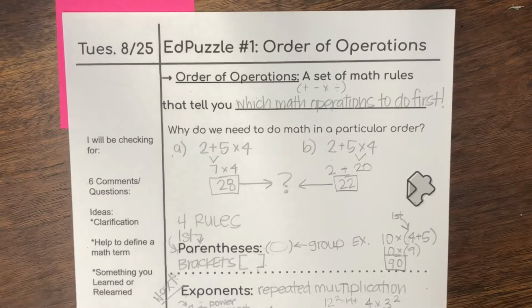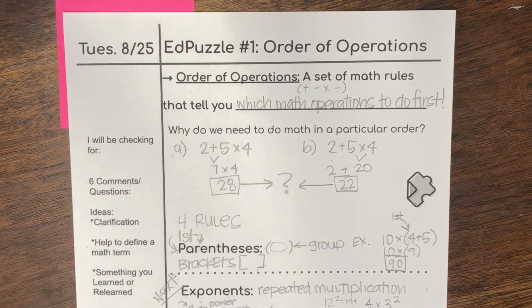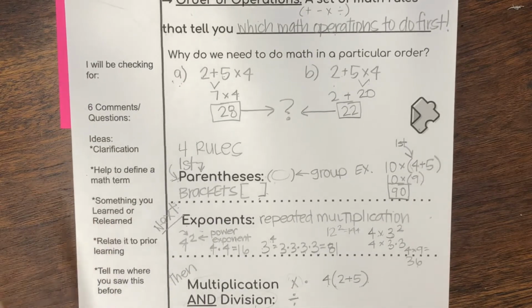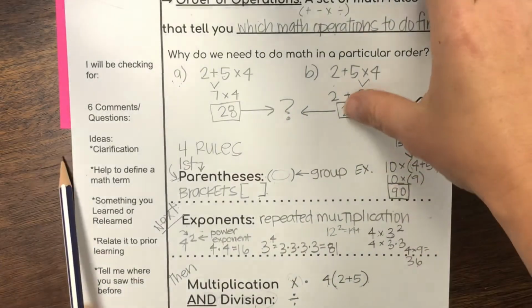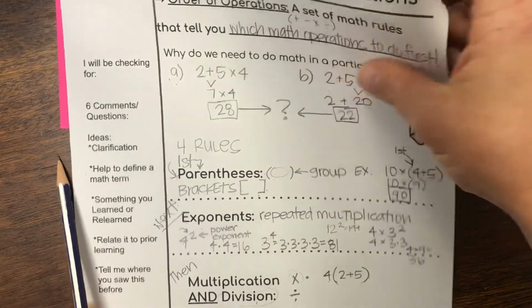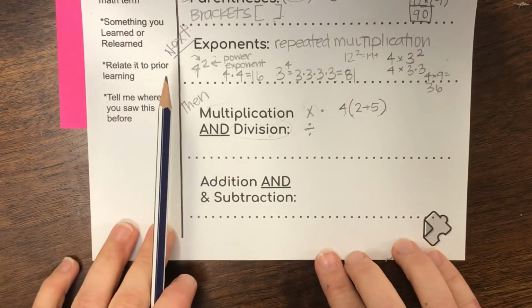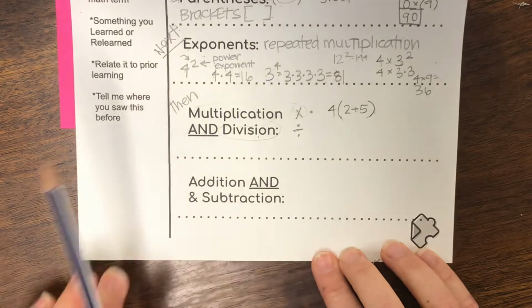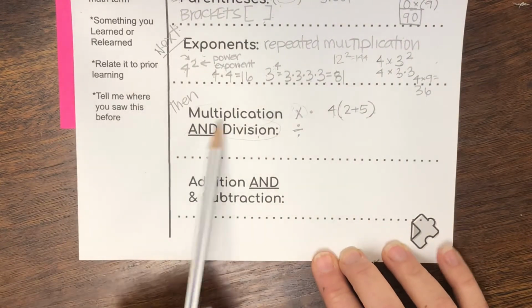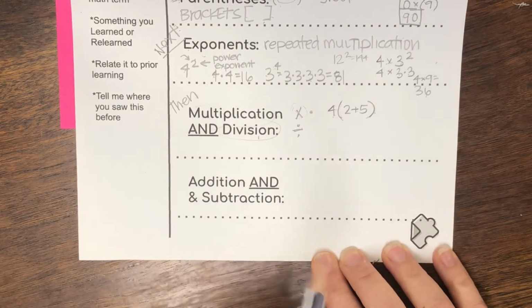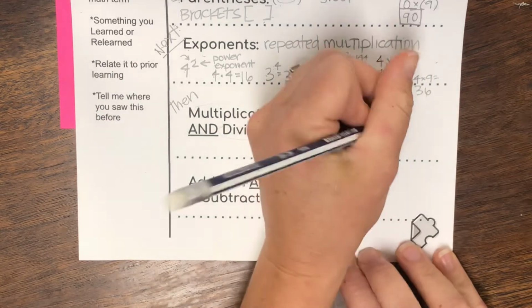And division sometimes looks like a fraction, and sometimes it just looks like a division sign, okay? So in our example for this one, we're going to go back to those first students. So we are going to talk about multiplication and division, but using that example the first 2 students used.